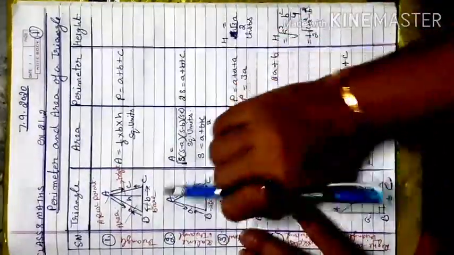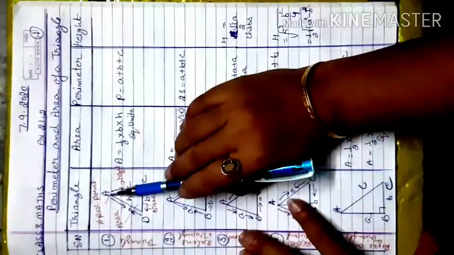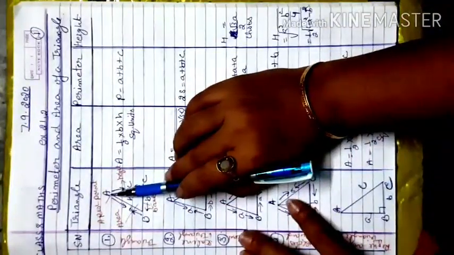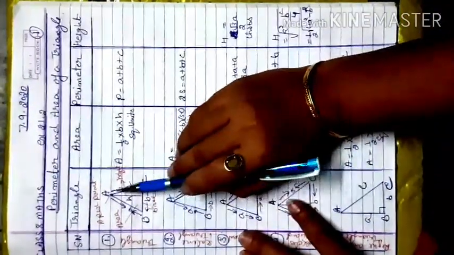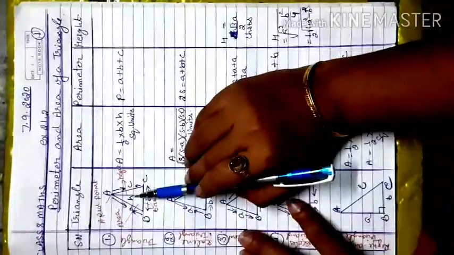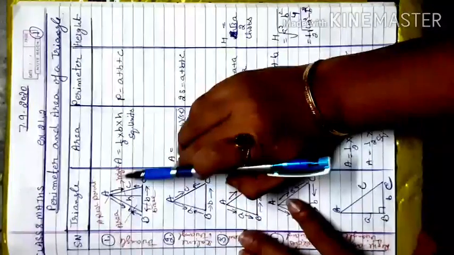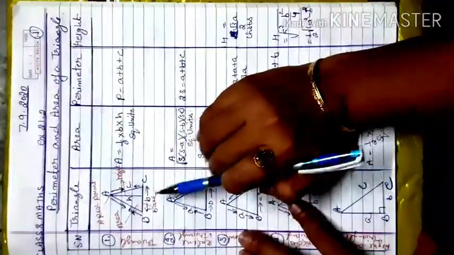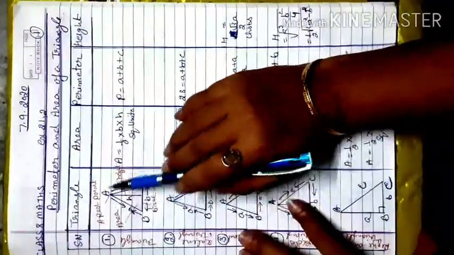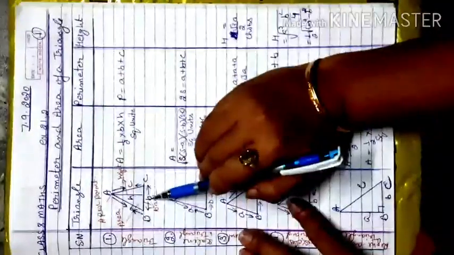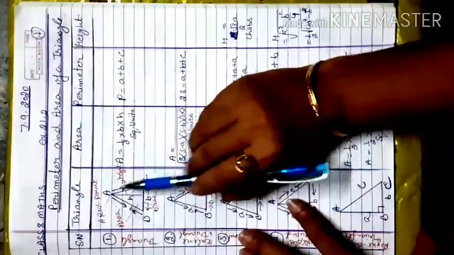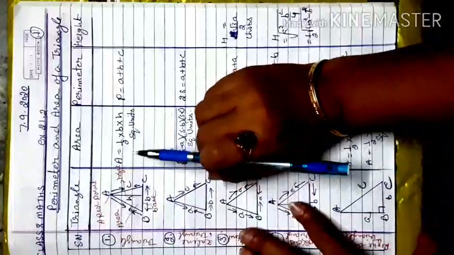If you look at the triangle, this is the vertex A, which we also call the apex point. This is the base and this is the height, represented by h. a, b, c are the measurements of the sides AB, BC and AC. When base and height are given, though the sides are also given, we don't bother about the sides.